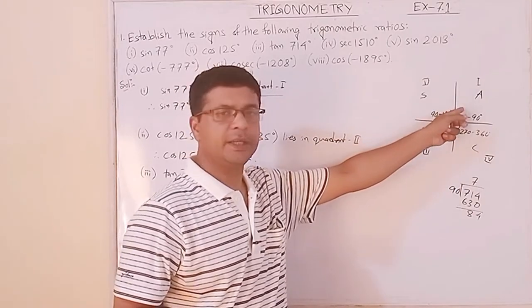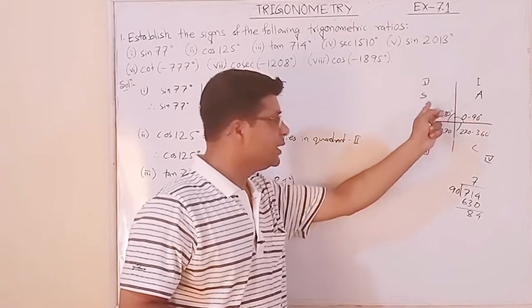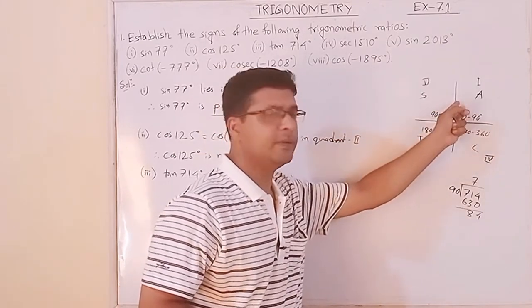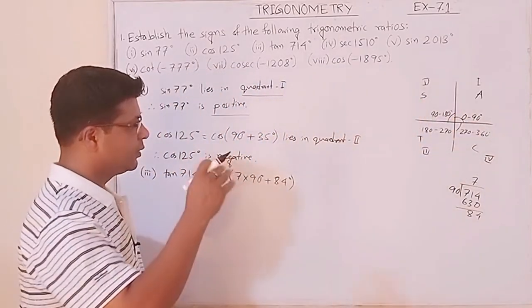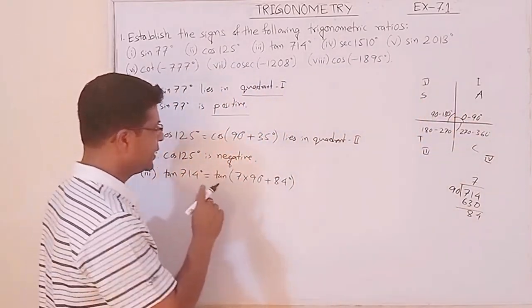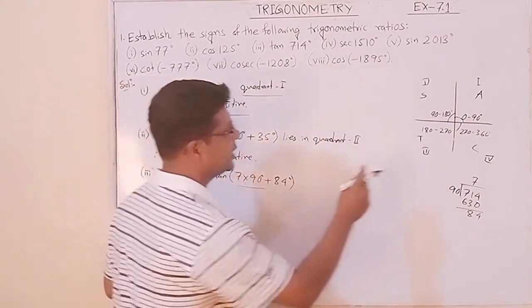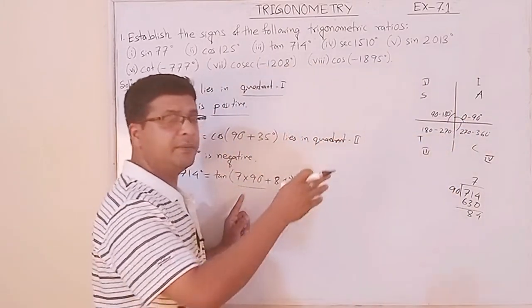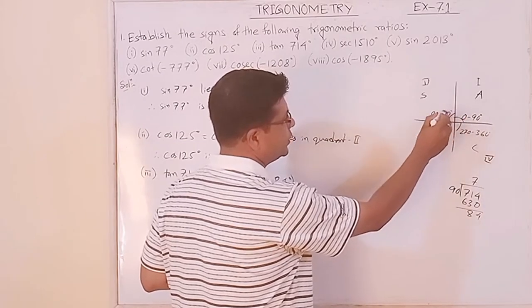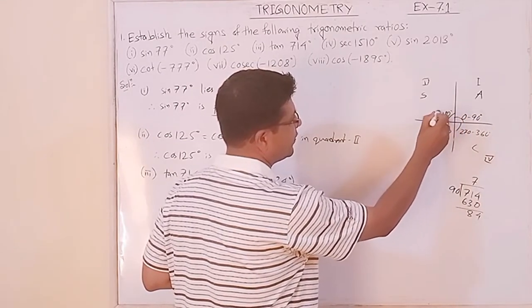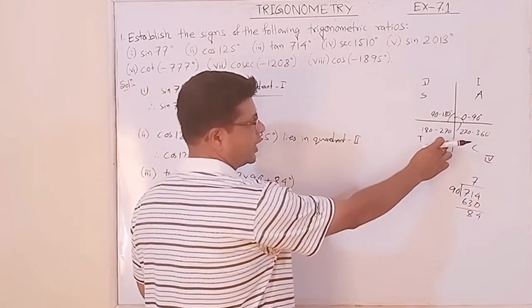So this is up to 90, this is 90 to 180, that is 1 into 90, this is 2 into 90, 3 into 90, 4 into 90, 5 into 90, 6 into 90, 7 into 90, 8 into 90, like this. We will see the rotation or revolution. Now 7 into 90, where will it lie? This is 7 times we have to move, 1 2 3 4 5 6 7, up to this much, means up to the third quadrant.